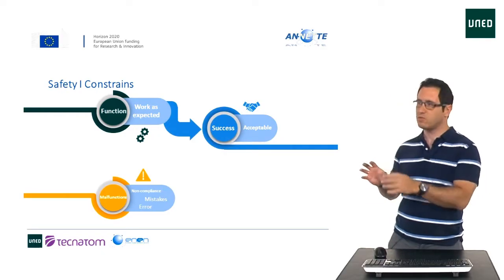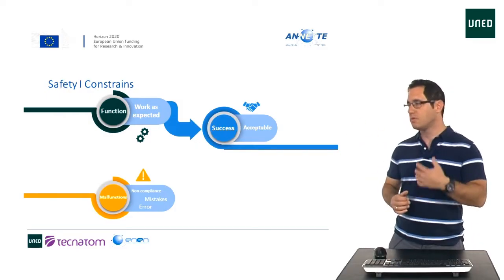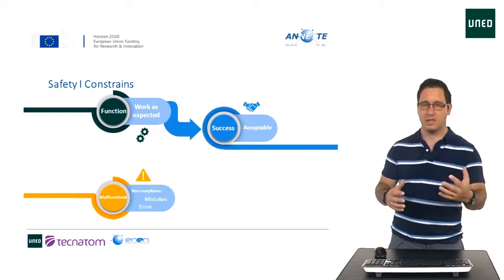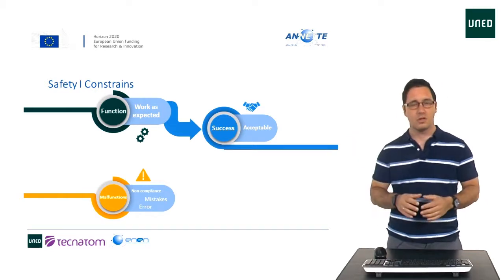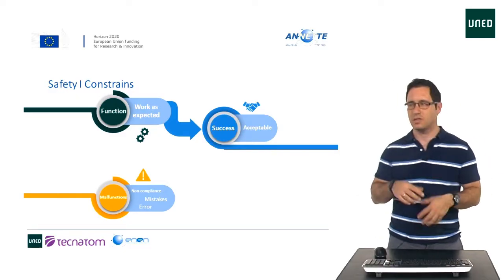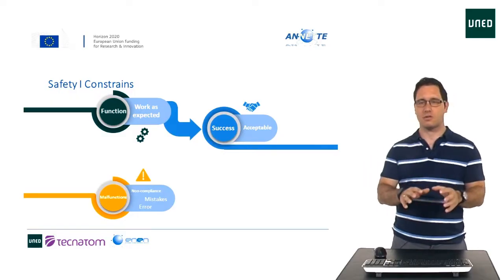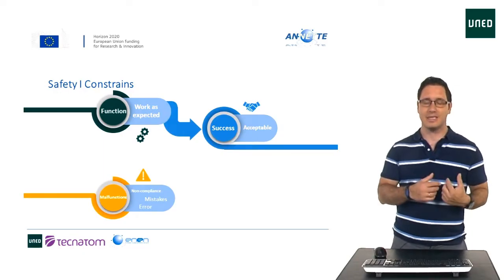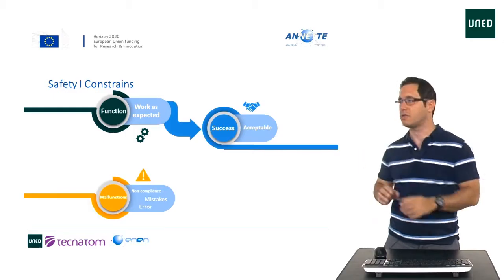And with malfunctions, we can say a lot of things, like non-compliance with the procedures, or somebody made a mistake, like closing a valve that should be left open, or errors, latent or active errors that we have already mentioned and will mention in the future. Remember, the active errors are the ones that produce events, and the latent ones are there and you only see them when there is an error.